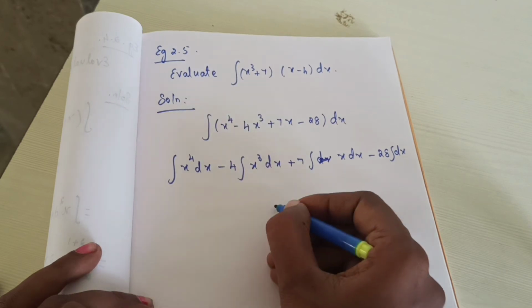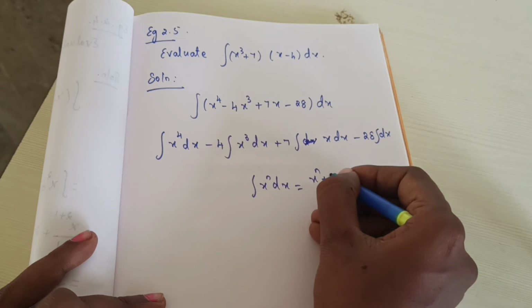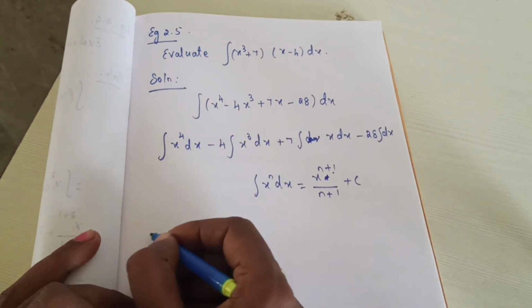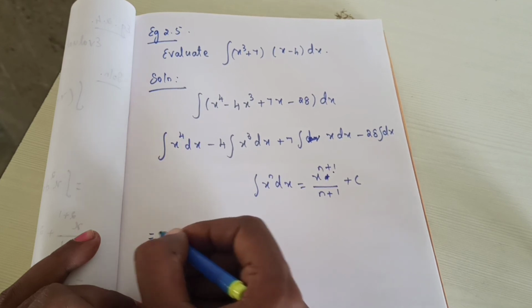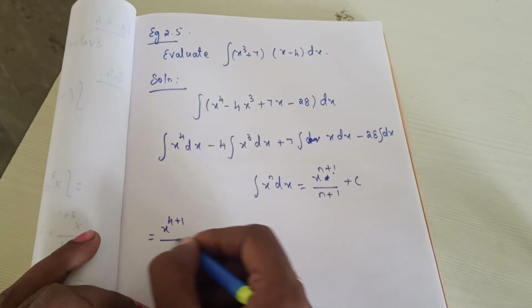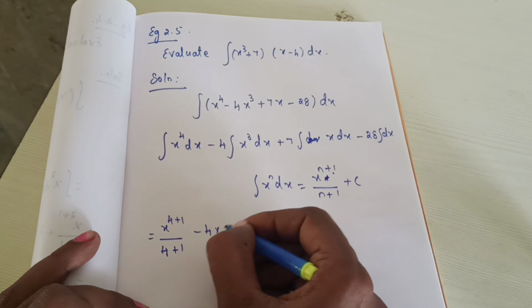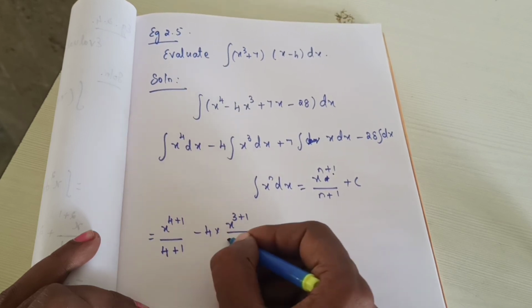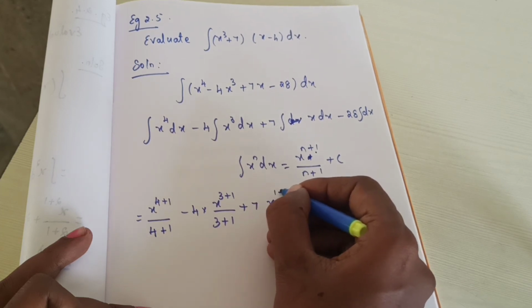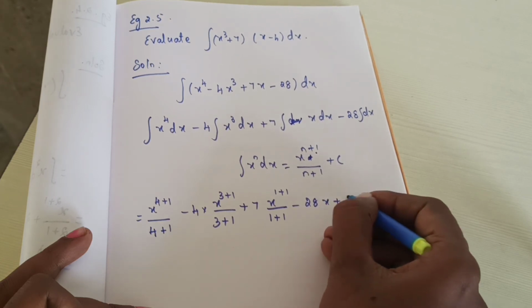Okay. So now integrate. What's the formula you will use? Integral of x power n dx is equal to x power n plus 1 divided by n plus 1 plus c. Now use it. What will happen? Equal to x power 4 plus 1 divided by 4 plus 1, minus 4 into x power 3 plus 1 divided by 3 plus 1, then plus 7 into x power 1 plus 1 divided by 1 plus 1, minus 28x plus c.